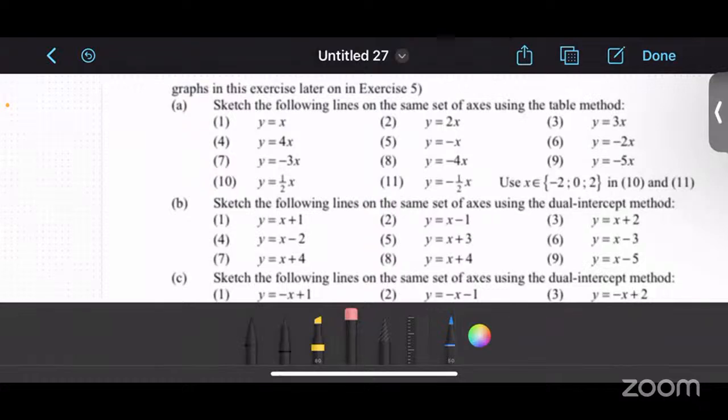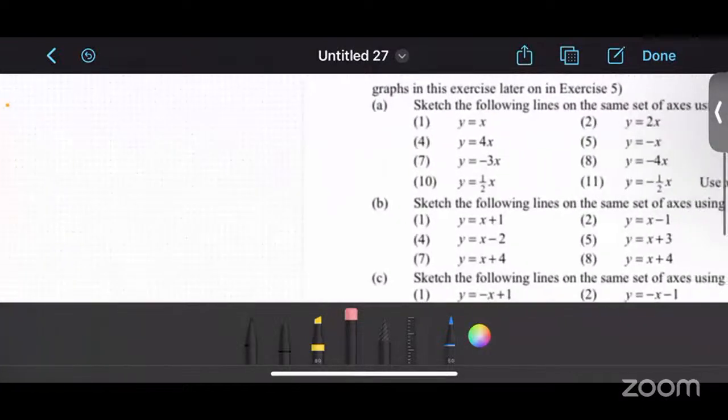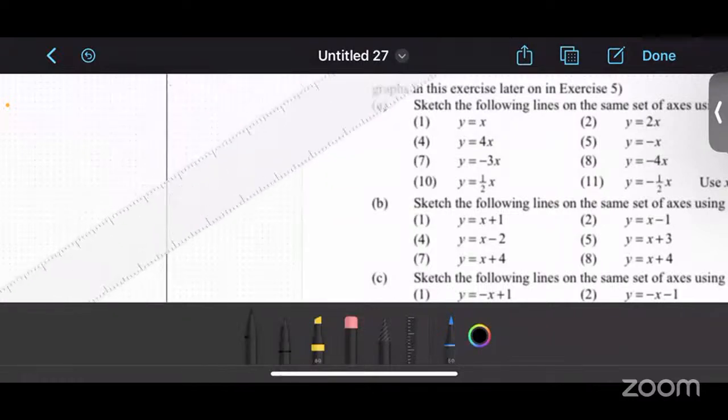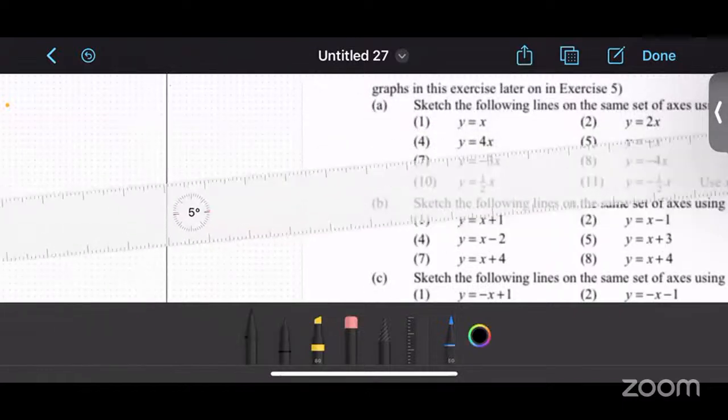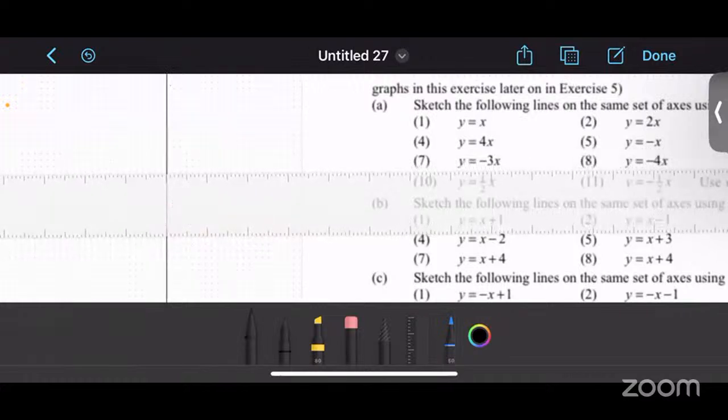But before we start with A, let me try on the side to have a line, okay? This is my graph. I'm trying to make sure that I have a perfect graph over here.